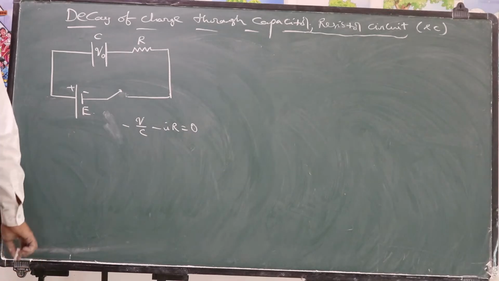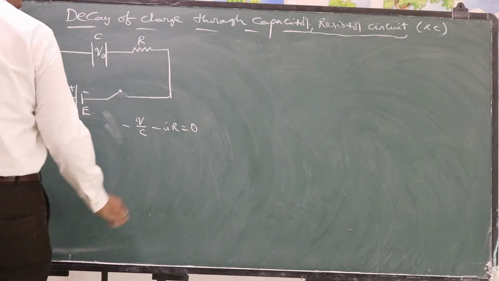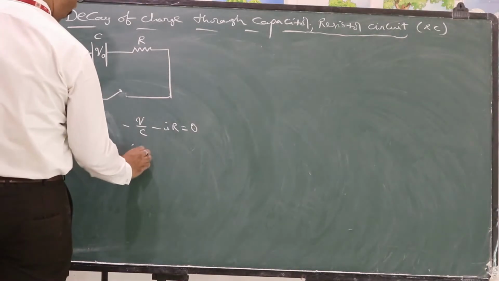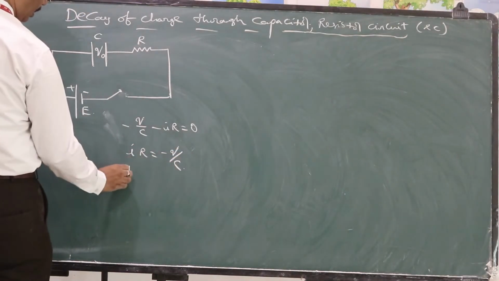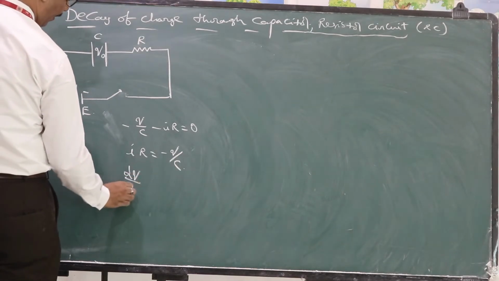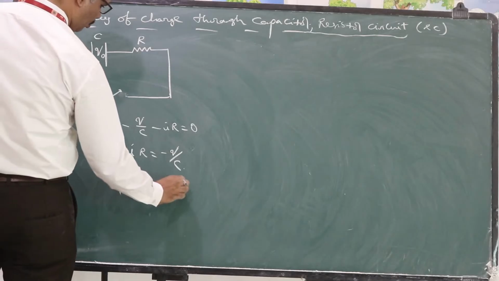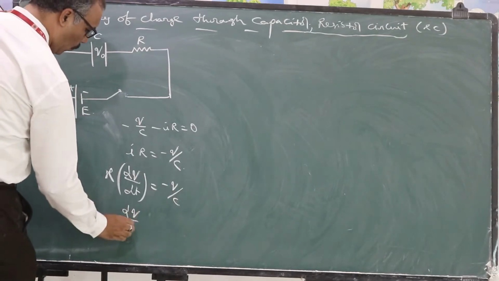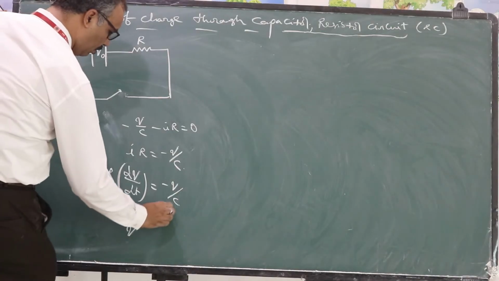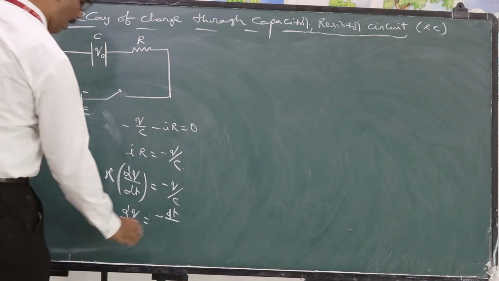Now if you simplify this, IR is equal to minus Q by C. You know that I means dQ by dt, so dQ by dt into R is equal to minus Q by C. So dQ by Q is equal to minus dt by RC.